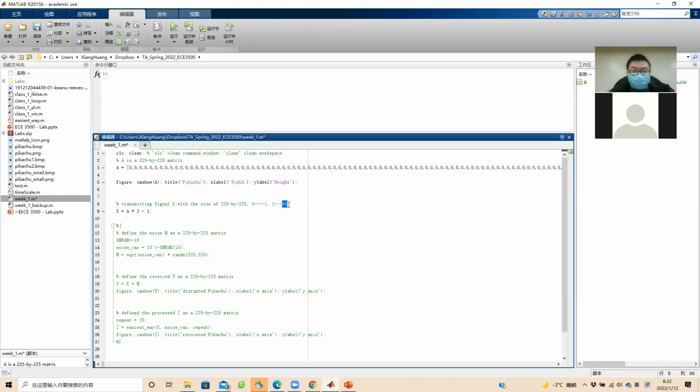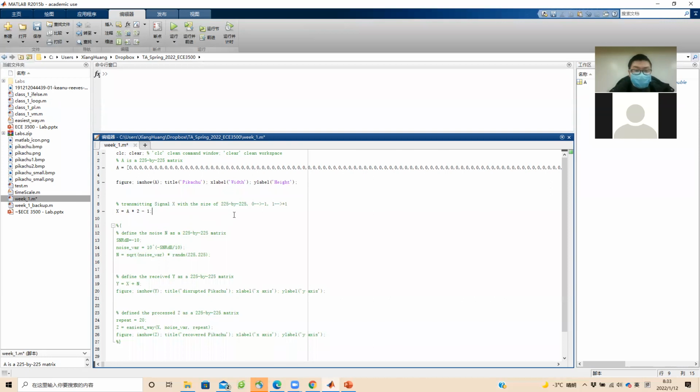Actually, this is the BPSK modulation. It's what you will learn in the rest of this course. This modulation makes the information into the signals that we want to transmit through the channel.